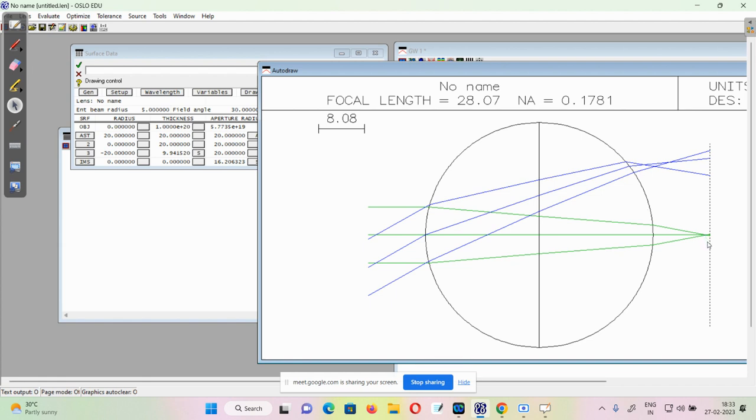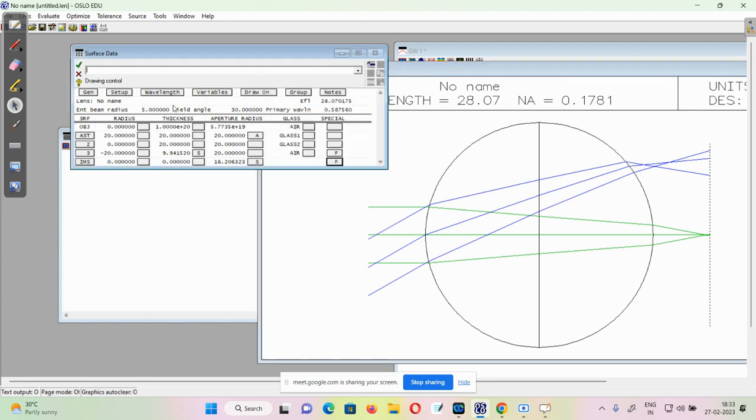So you can see this is the portion where it focuses. This focuses an image from an object at a distance of 1 into 10 raised to 20. It is like infinity.